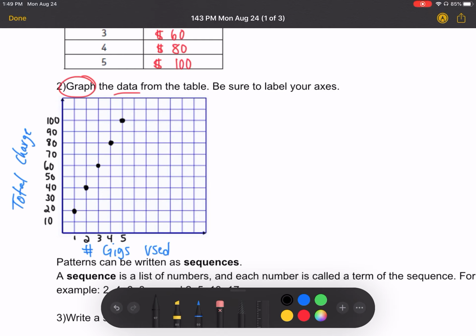A situation where decimals wouldn't be allowed would be something like counting push-ups. It's either the person does a push-up or they don't. There's no half of a push-up. That's the difference there. So here we will draw our line, and we could continue this line on because we could use more gigabytes, which would make us use more money.